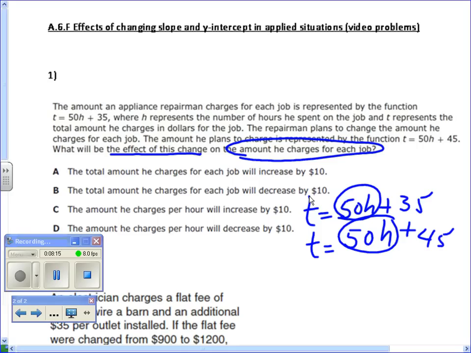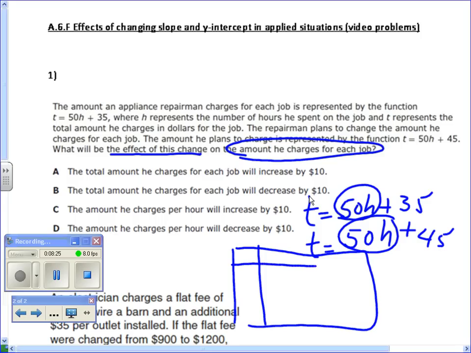In order for us to do a quick comparison between the two, we could create mini tables real quick and see what happens. The number of hours compared to the first function and the second function. In the first function, we know that the function he's using is 50H plus 35.